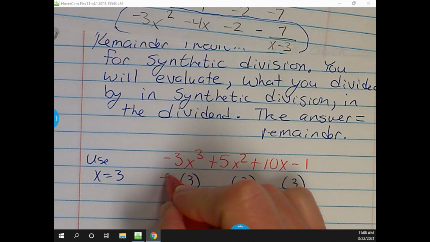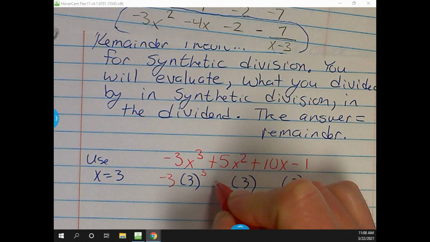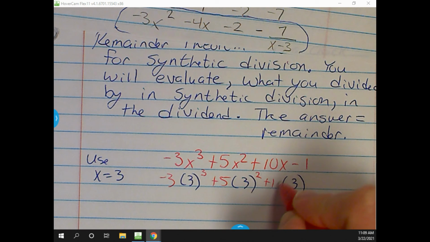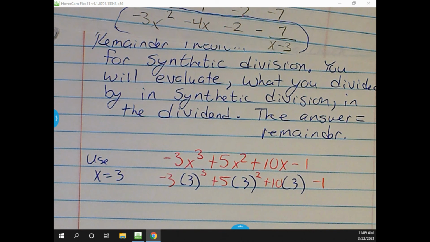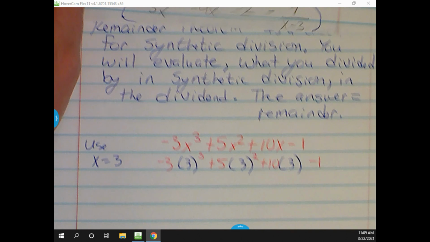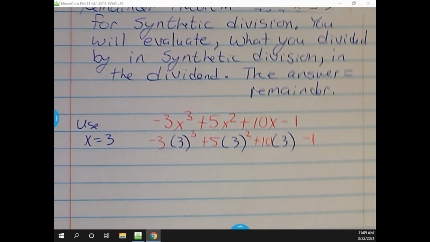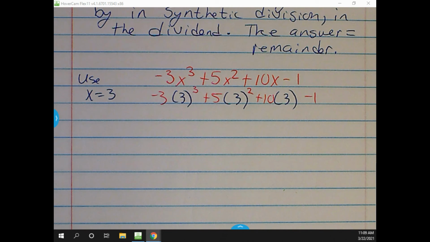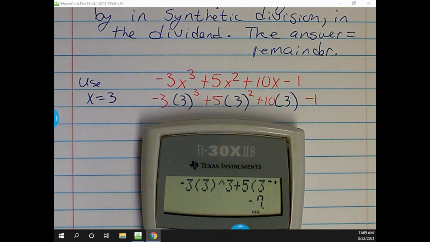We've got -3 to the 3rd power plus 5 times 3 squared plus 10 times 3 minus 1. All right, and if you've got a good calculator or even a decent calculator, this is one where you let the calculator do the work so that you don't have to do as much of it.